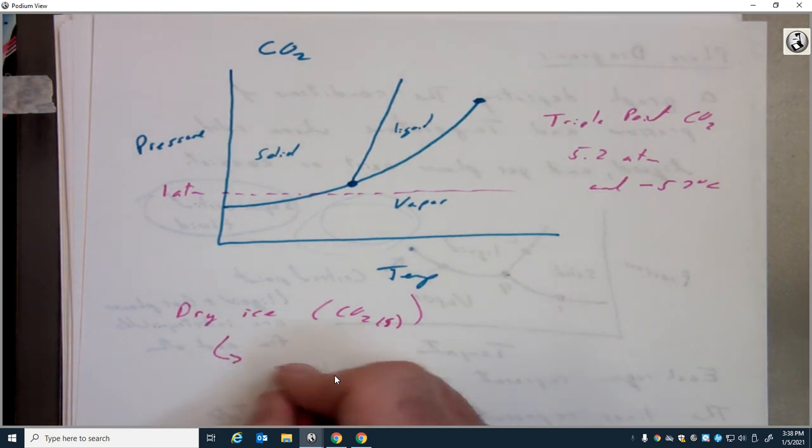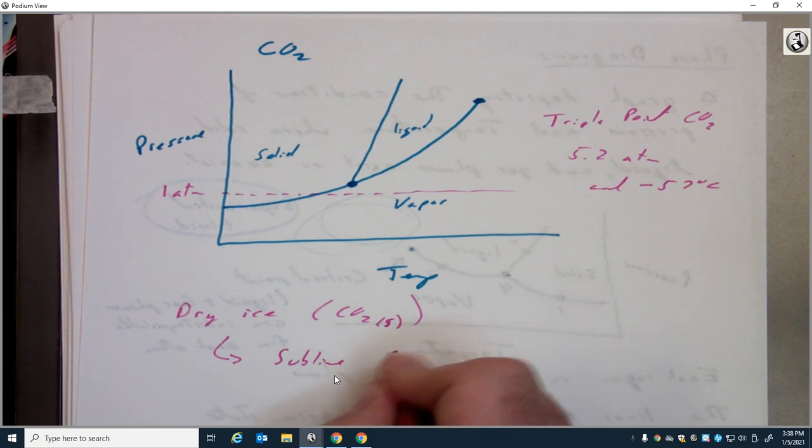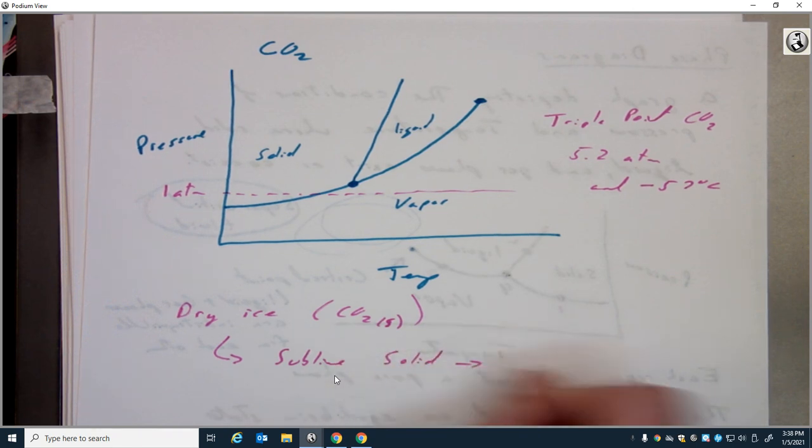Well, it will sublime. It converts from a solid directly to a gas.